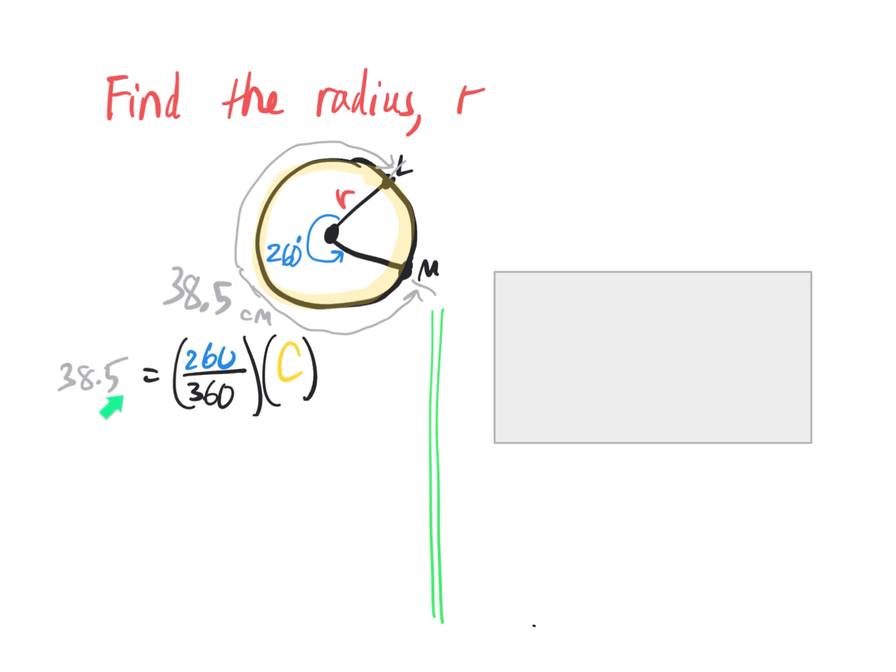So that's the setup, and for circumference we have two different formulas we can use. It's pi times diameter, or since the diameter is 2 radii, it's pi times 2 radii. Since we're looking for the radius, we're going to use that one.